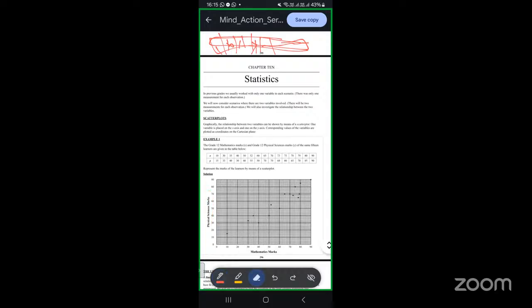Then after labeling your axes, you can look at your numbers for your scale, to see if your scale will accommodate that data.